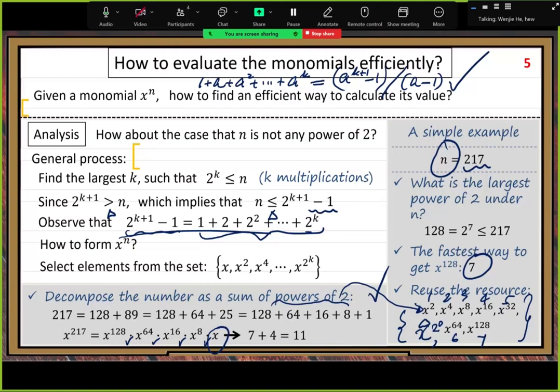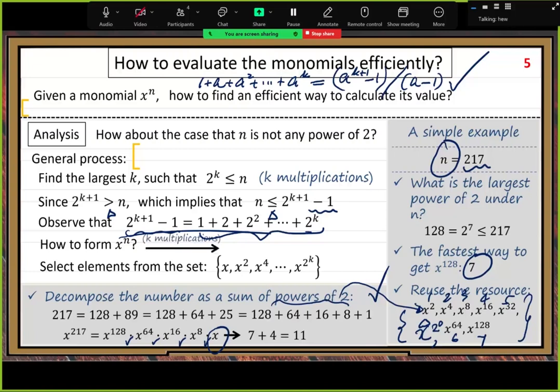At a place with 0, you don't need it, you skip it. That's the way you select monomials, using the binary representation.